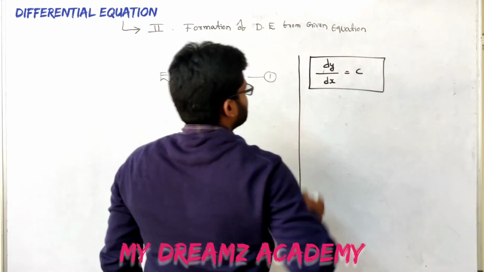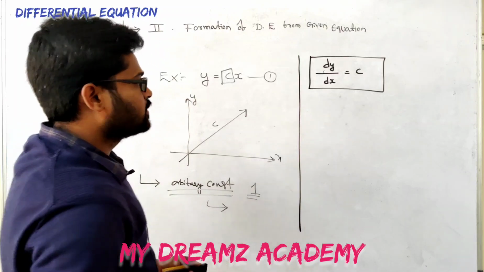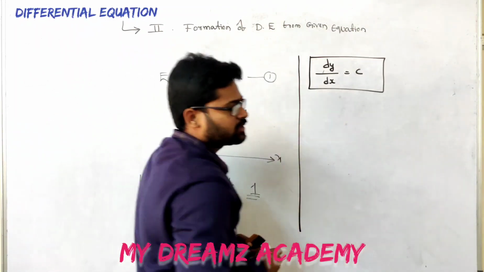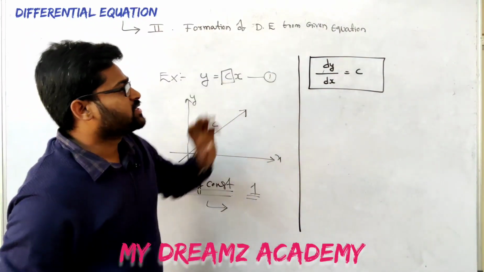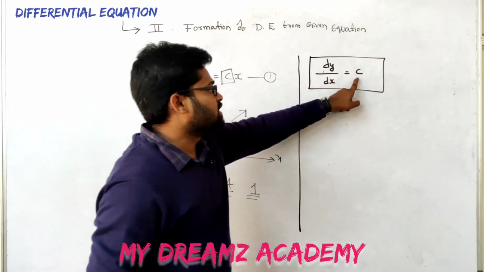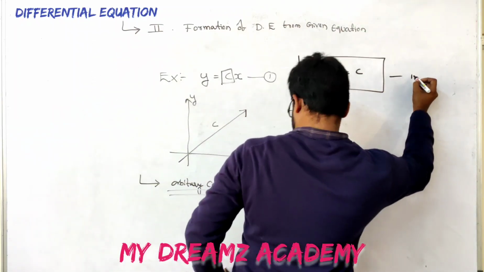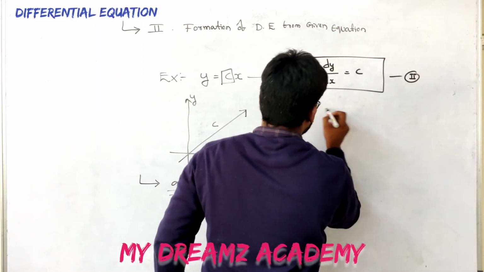Now people may think that this is the solution, but the condition here is that the solution does not contain any arbitrary constant. This is the main criterion for formation of a differential equation. So how to eliminate this again? Let us consider this as the second equation. Compare the first equation and the second equation.